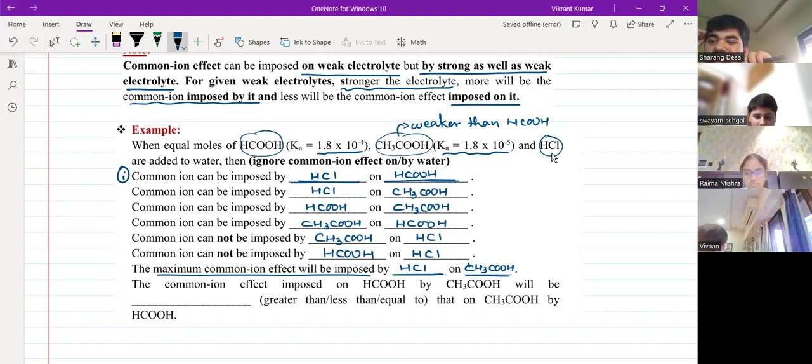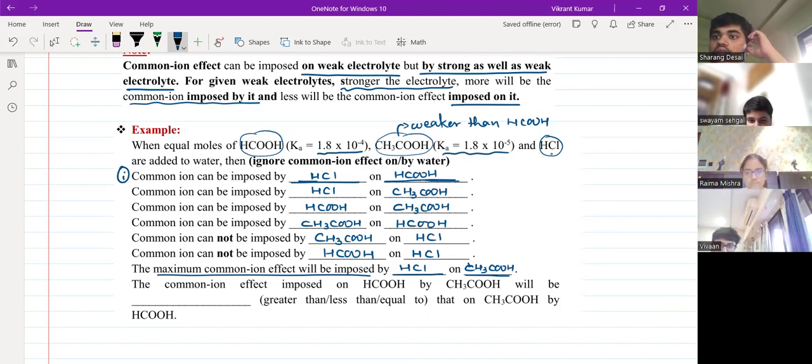हाँ जी? सर एक डाउट था. हाँ बोलो ना. सर HCOH और CH3COH में CH3COH weaker होगा, right? Yes. So how is it possible that CH3COH will also impose a common ion effect? Yes, it will impose, but with less extent.